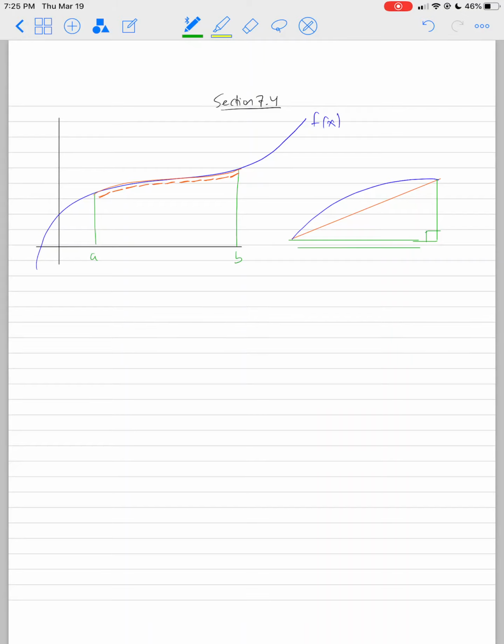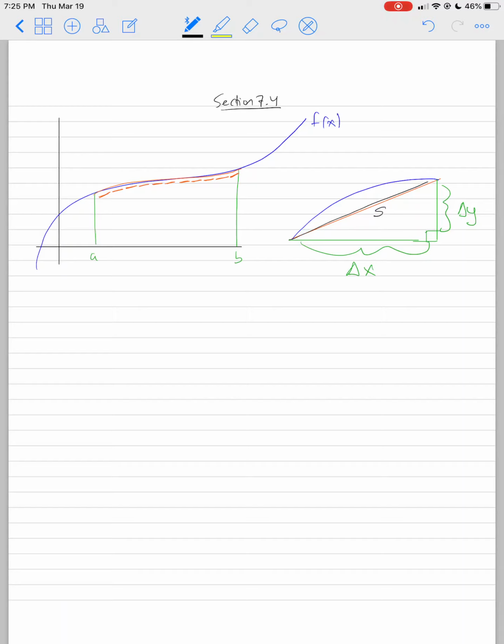This side length is delta x, the distance between 2 x coordinates. This side length is delta y, the distance between 2 y coordinates. Okay, so now I'm going to apply the Pythagorean theorem to find this little arc length.